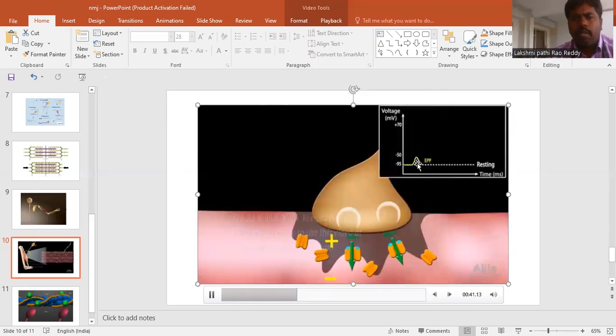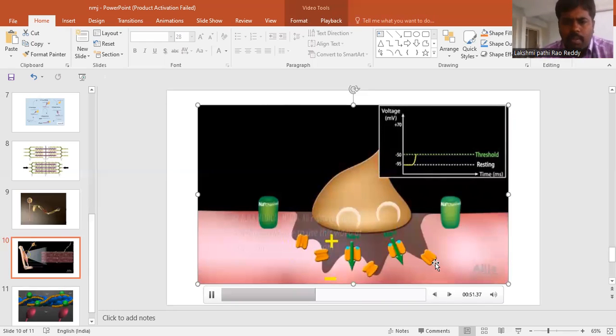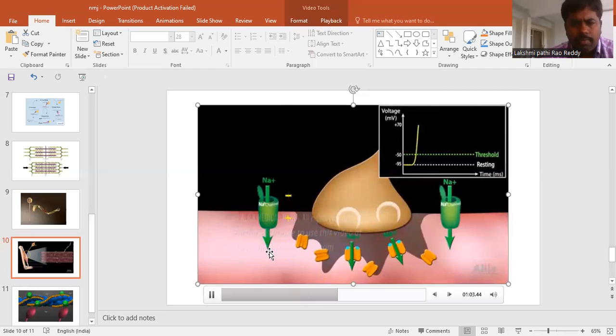So after binding to these nicotinic receptors, we can correlate these action potentials also. Again, another action potential will be generated in the postsynaptic membrane. See what happens: there is opening of the sodium channels and influx of sodium ions into the muscle. So the positivity increases.